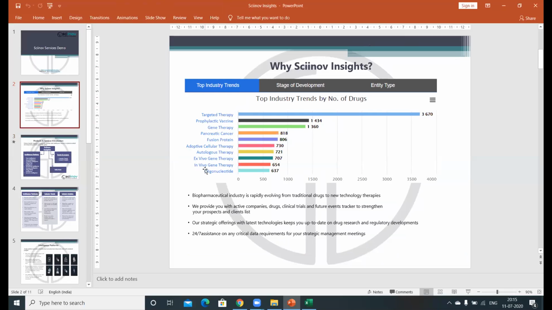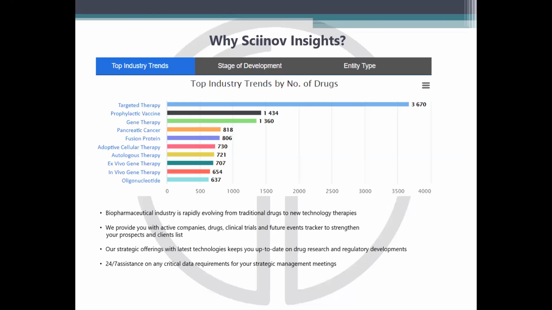What we are presenting now is that we emphasize the industry trends and also the pace of these trends across different sectors, whether it is clinical trials, regulatory designations, patents, drug development, or different country approvals and pipeline. We are gathering data by industry trend, like targeted therapies, vaccines, gene therapies, fusion proteins, which are the advanced therapies.